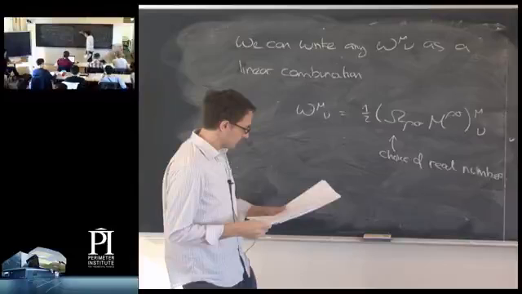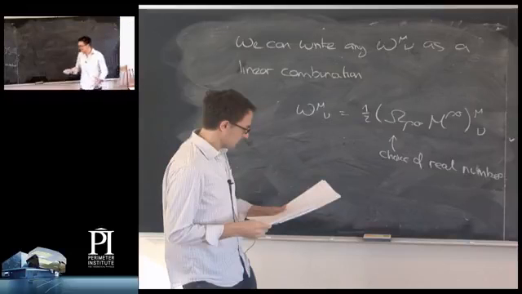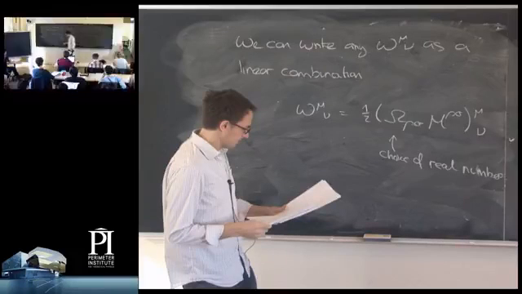Okay, so now come the final two statements of the lecture, and these are going to be the things that you're going to have to take on authority if you haven't seen representations of Lie groups before, because I'm not going to be able to prove these in this lecture. So hopefully they won't be totally unfamiliar.